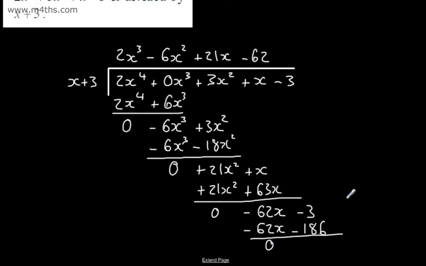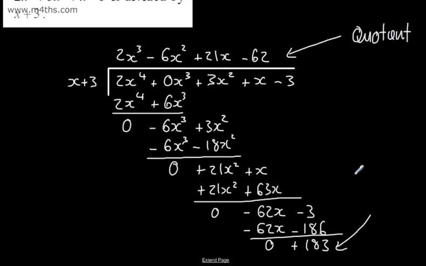If I do now negative 3 subtract negative 186, that's going to give me plus 183. This is what we call our quotient. So our quotient, as we saw in the last video, and this, the 183, is the remainder. So that's what we get.